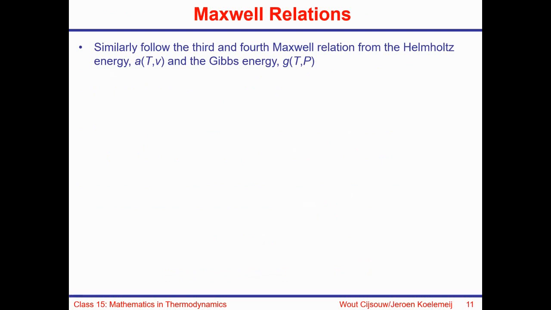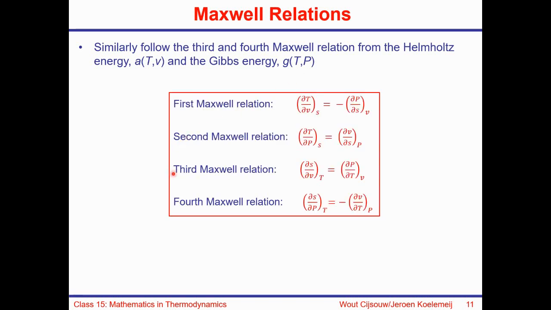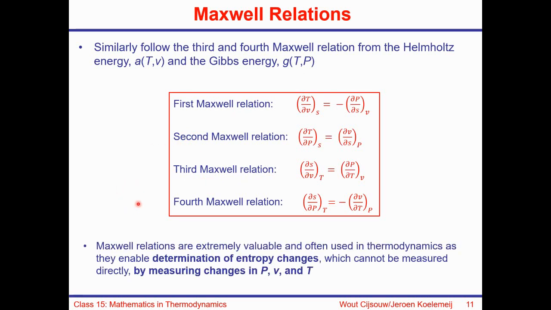Like I mentioned earlier on, there are actually four Maxwell relations. There are indeed two more Maxwell relations because we have the Helmholtz energy and the Gibbs energy. For these, we can also write down total differentials and apply the same trick. That leads to the third Maxwell relation and the fourth Maxwell relation.